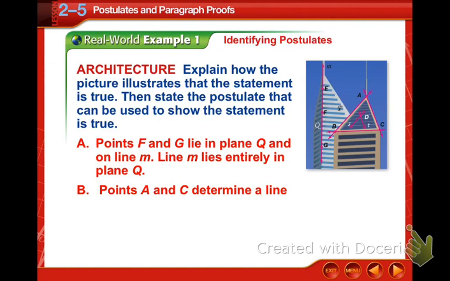It says that we can see plane Q is like on the shadowy part of that building. And it says line M lies entirely in that plane, so we have all three things, right? Plane, line, and 2 points, points F and G. So that means that this is talking about our postulate that talks about all three. That is postulate 2.5.